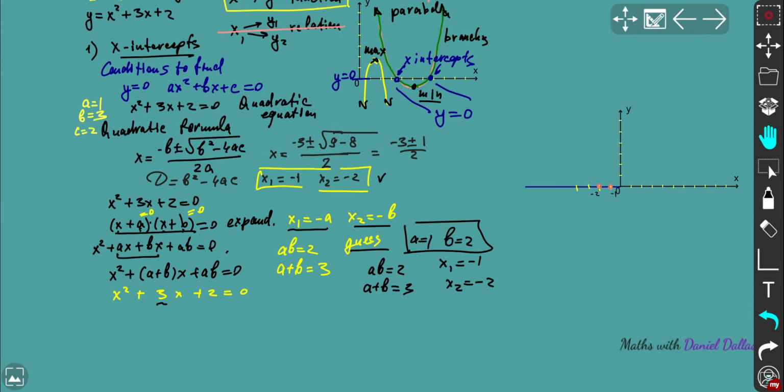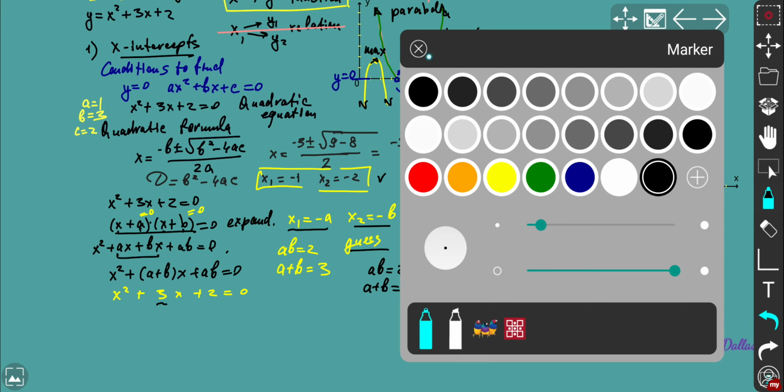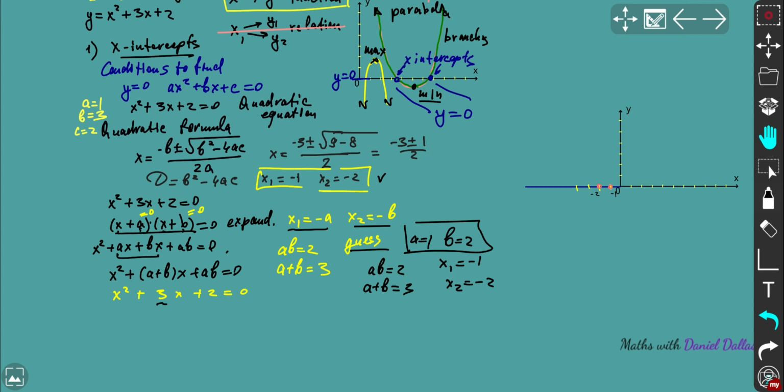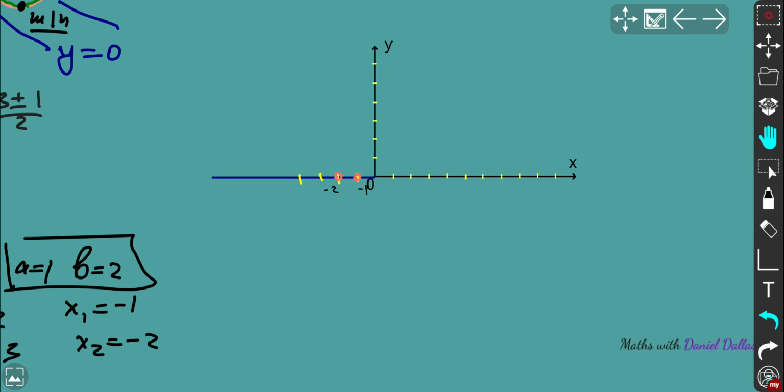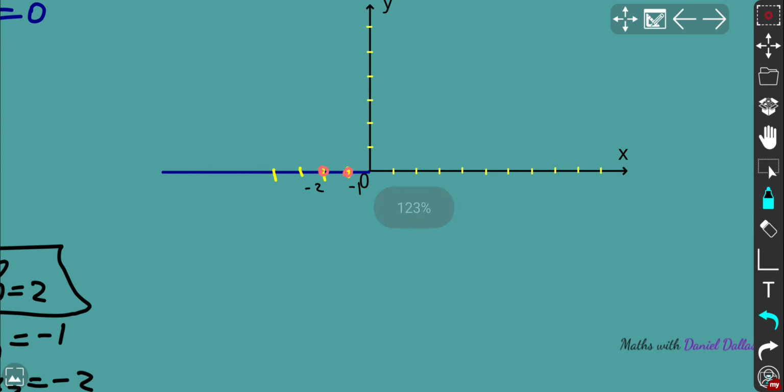Okay, so we have the equation x squared plus 3x plus 2. You remember what y-intercept means. Let's go back to the general idea of what a function is and where the y-intercept occurs. The y-intercept is where your parabola crosses the y-axis.